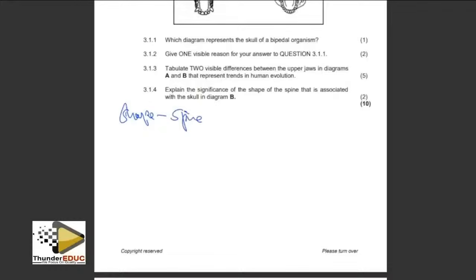And then you look at the pelvis. The pelvis is short and wide.